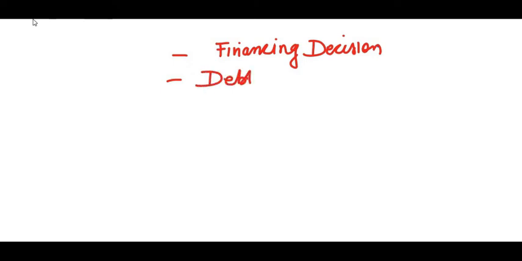Now let us revise what we have done till now. We have done what financing decision is, and we have also done how debt and equity are different on the basis of cost and risk.